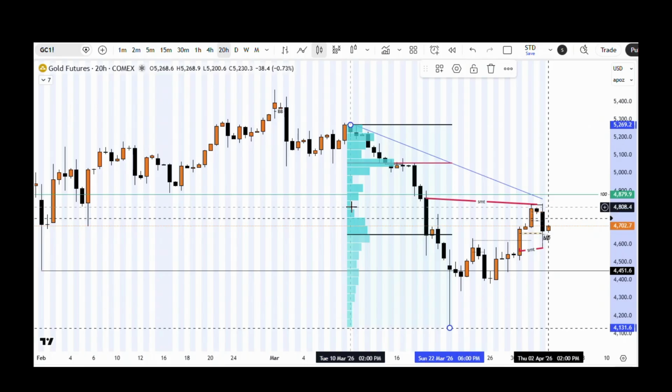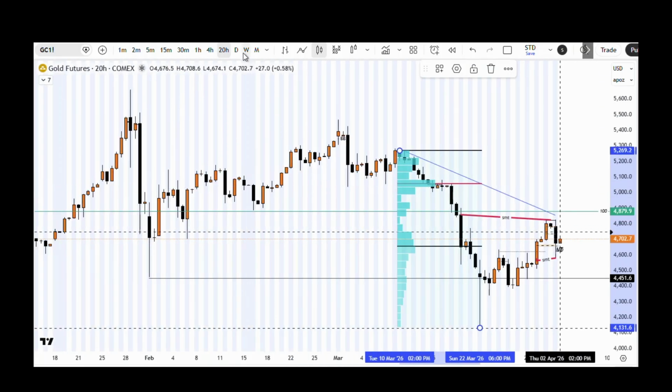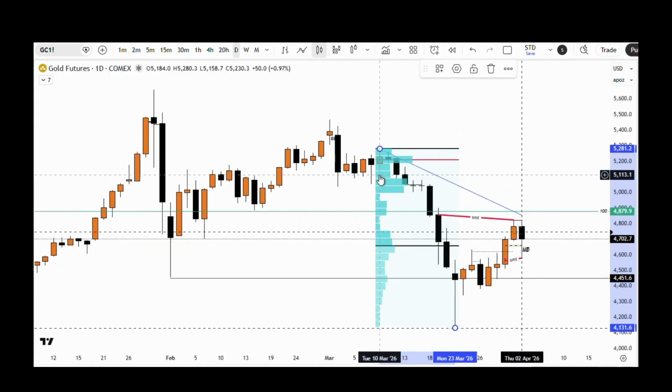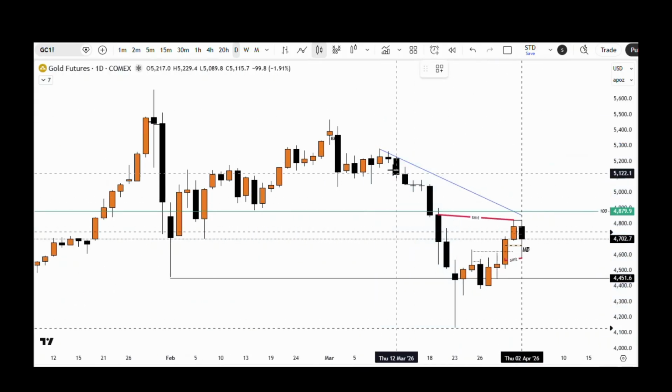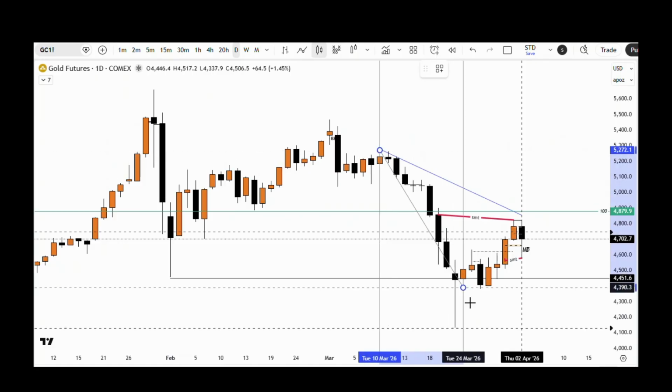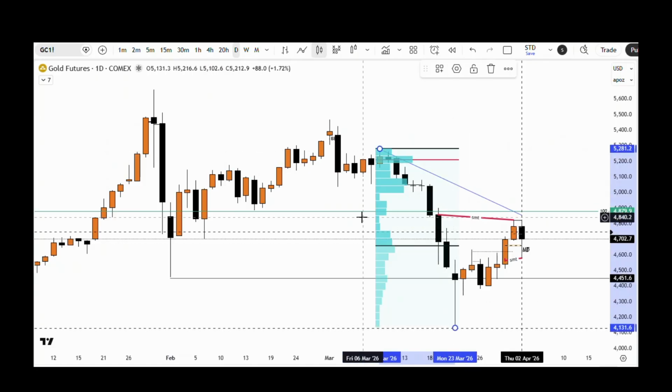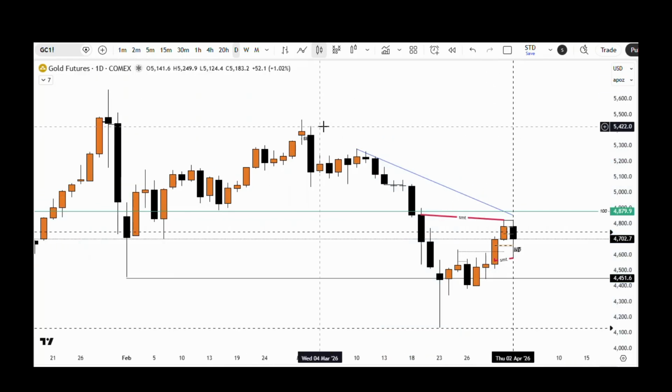Price goes into this low volume node on the 20 hours. If you run it on a daily, you can run it also on a daily. And you can use different time frames just to make sure you have enough data, low volume node. So there are other things you can check, but there's only 3 that I check.